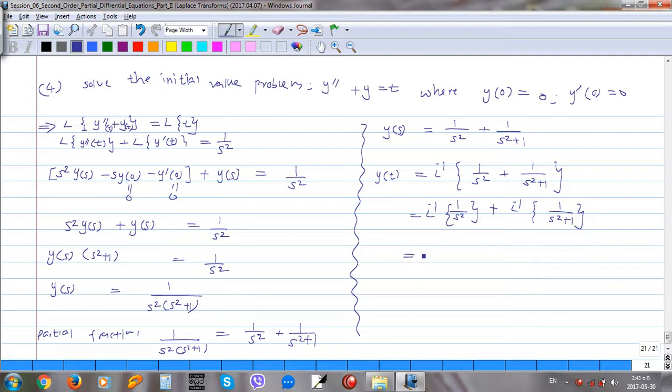Then finally y(t): L inverse of 1 over s square means t, and 1 over s square plus 1 is sin t, because sin at, you know, has transform a over s square plus a square. Now a is 1 here, so this is sin t. So y(t) equals t minus sin t. This is the answer.